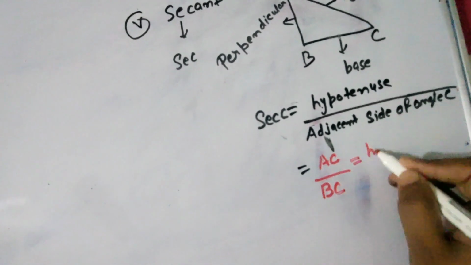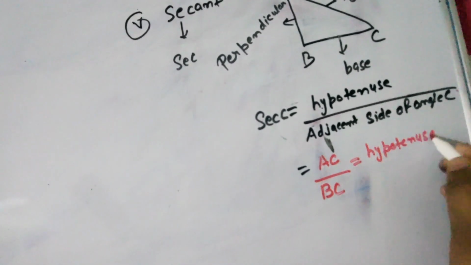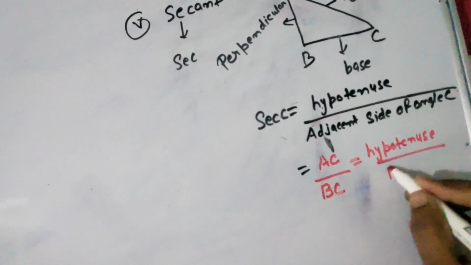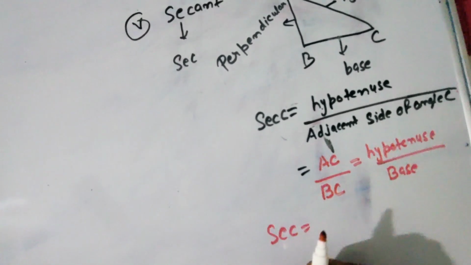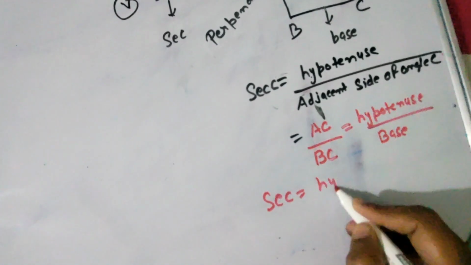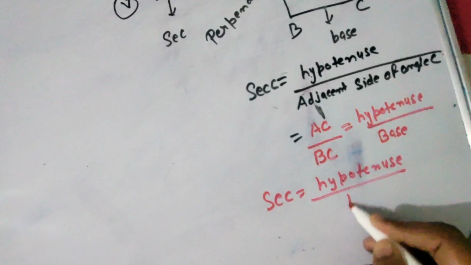AC is the hypotenuse and BC is the base. Means the sec formula is hypotenuse by base.